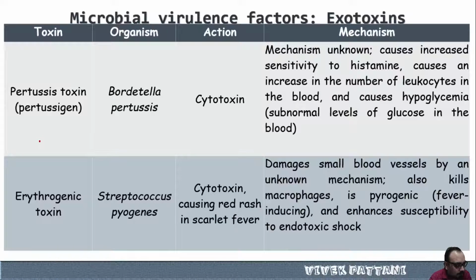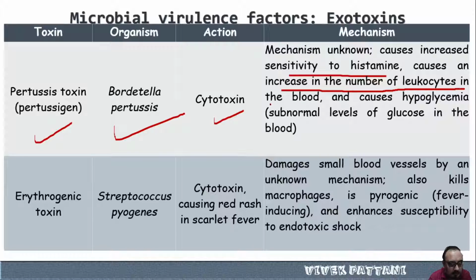Now next comes the pertussis toxin, which is produced by the organism Bordetella pertussis. What is its action? It's a cytotoxin. The mechanism is unknown, but it causes increased sensitivity to histamine, causes an increase in the number of leukocytes in the blood, and causes hypoglycemia.